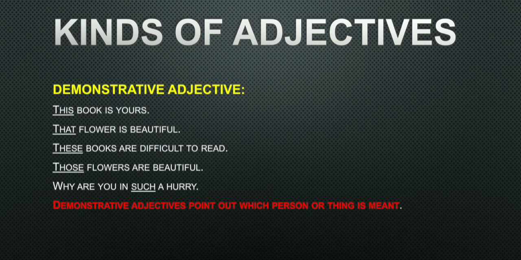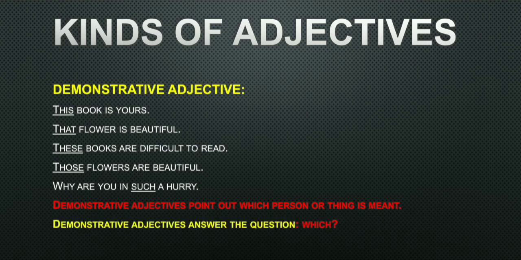Now the definition: demonstrative adjectives point out which person or thing is meant. This is the definition. And the next thing is demonstrative adjectives answer the question of which. Okay, so now let us discuss it.